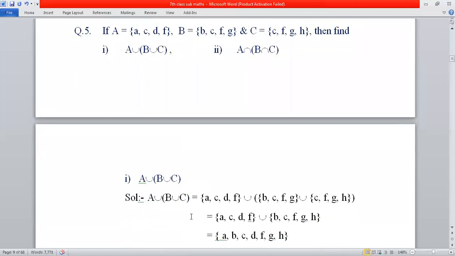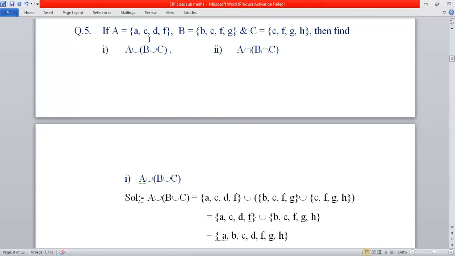Now come to question number 5. In question number 5, both operations which we studied, union and intersection, come in the same question, but one thing is different: they also give us round brackets. You know that if you are given any set expression, first of all you solve the round bracket, after that the curly brackets, and after that the square brackets.